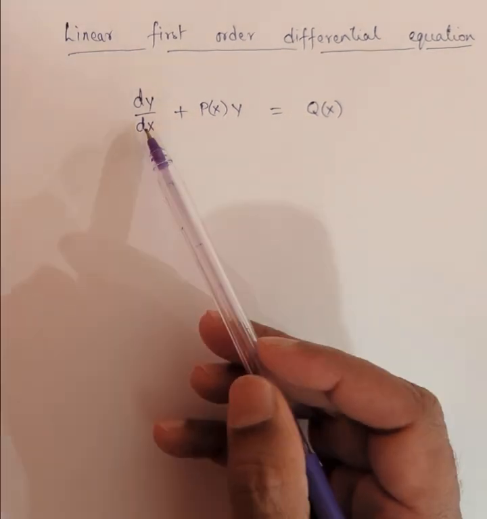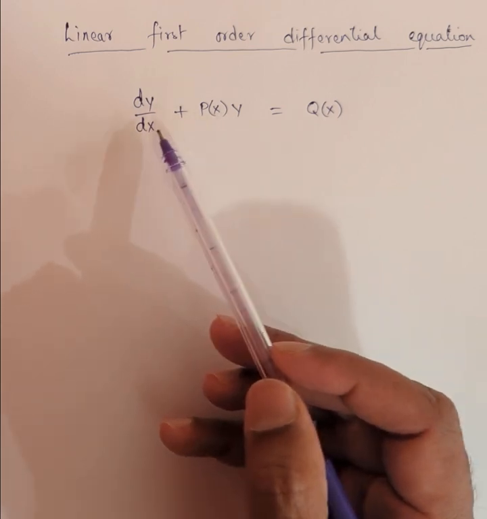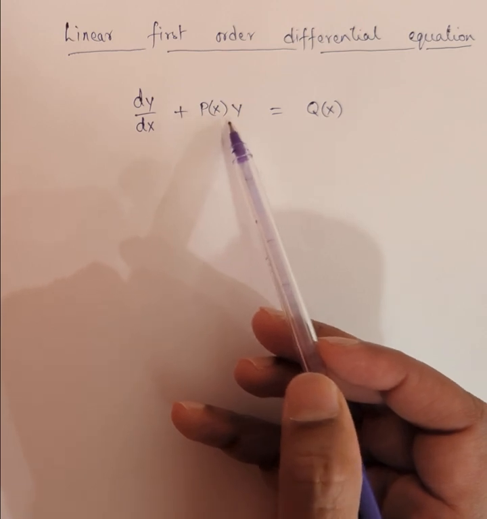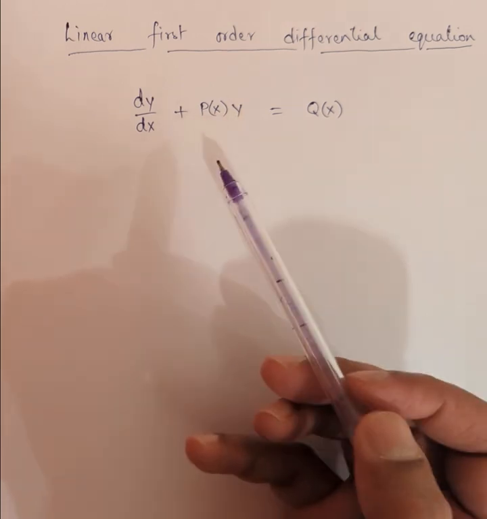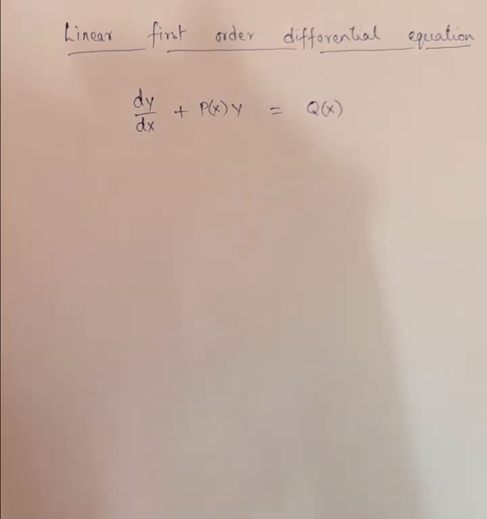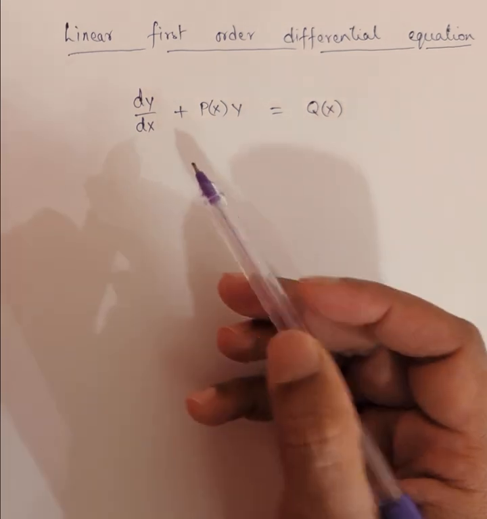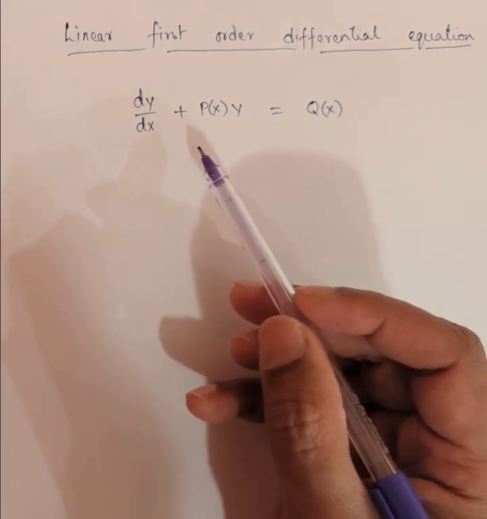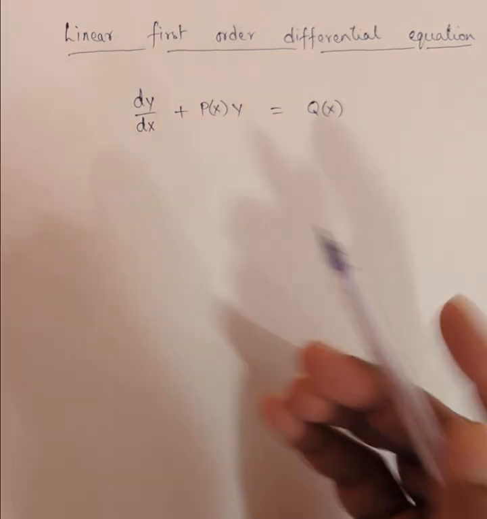Notice that this has two terms, a derivative term and then another term that does not have a derivative but has the dependent variable. Now, if you think back to the product rule of differentiation, whenever you have to differentiate a product, you get two terms.